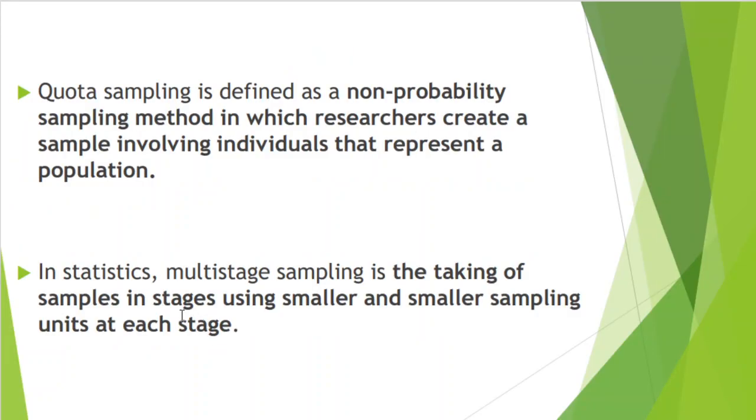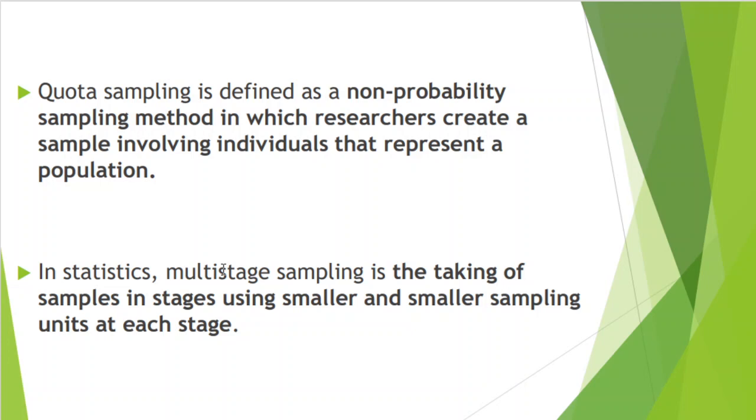The next is quota sampling. Quota sampling is defined as a non-probability sampling. This is a non-random sampling method in which the researchers create a sample involving individuals that represent a population. Fourth one, multi-stage sampling. Multi-stage sampling is taking of the sample in stages.